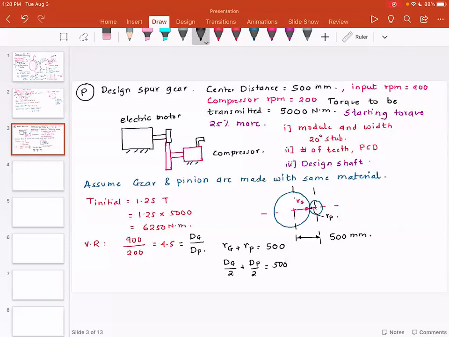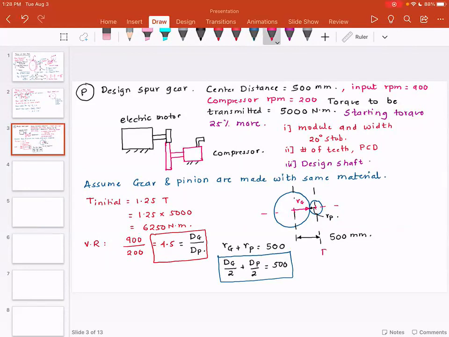So now we have two equations. This is equation number 1 and this is equation number 2. With these two equations, we should be able to solve this problem.